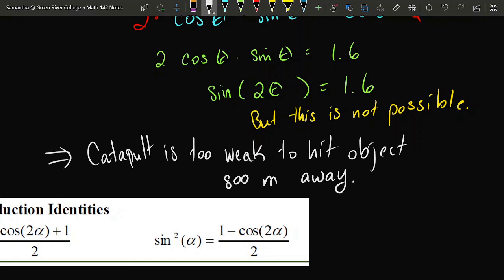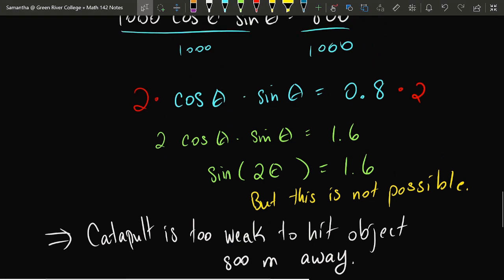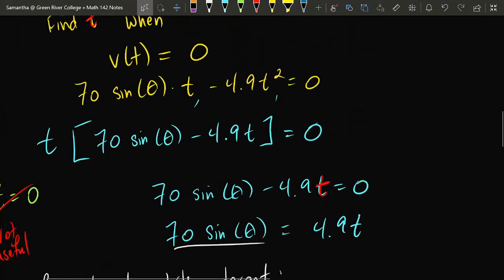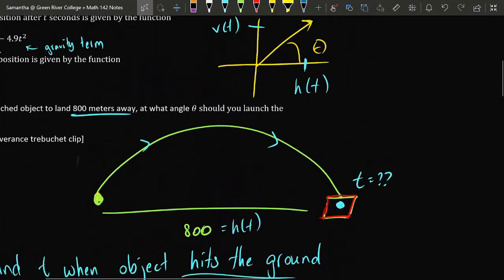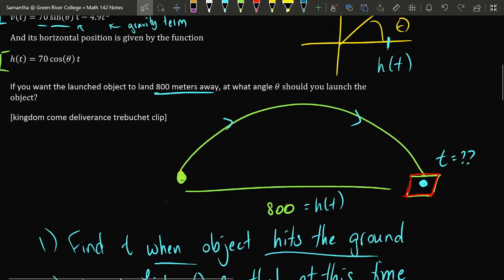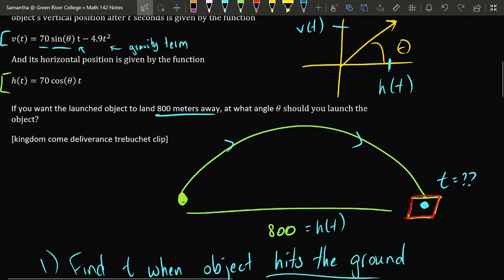So you would need a more powerful catapult, or you would need to move the object closer to its target. Pretty amazing that we are able to take these two physics formulas and a little bit of trig knowledge and deduce that no matter how you try and calibrate this catapult, you're not hitting that thing that's 800 meters away.